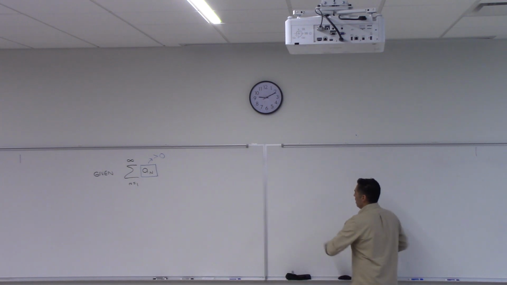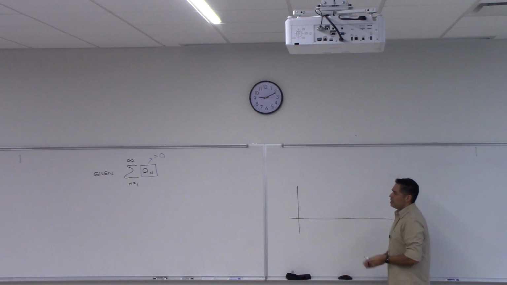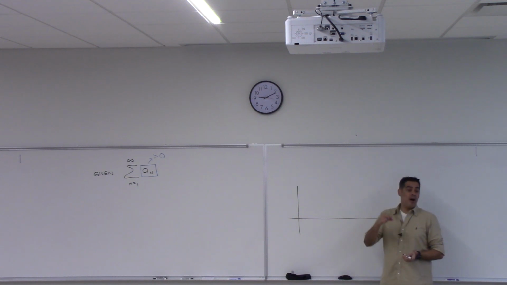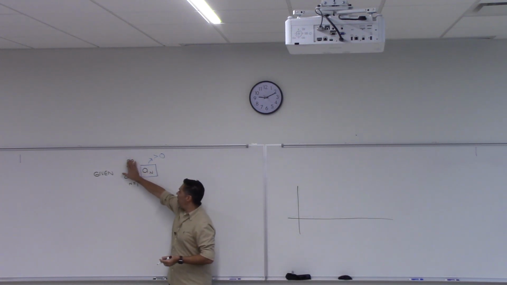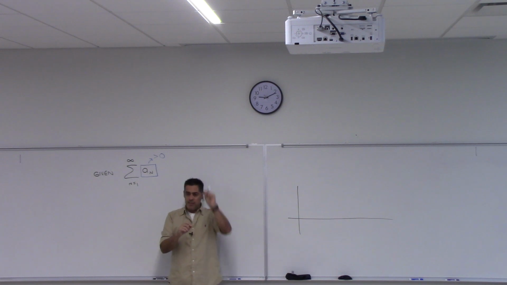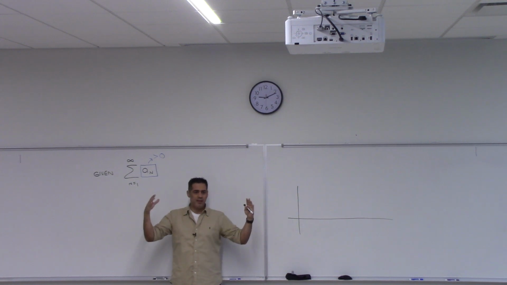If you think about it geometrically, remember a series is just the sum of a sequence. So if you were to take that a sub n and start showing them, they would be dots, a bunch of dots, and then we're adding up the heights of the dots to get the series.